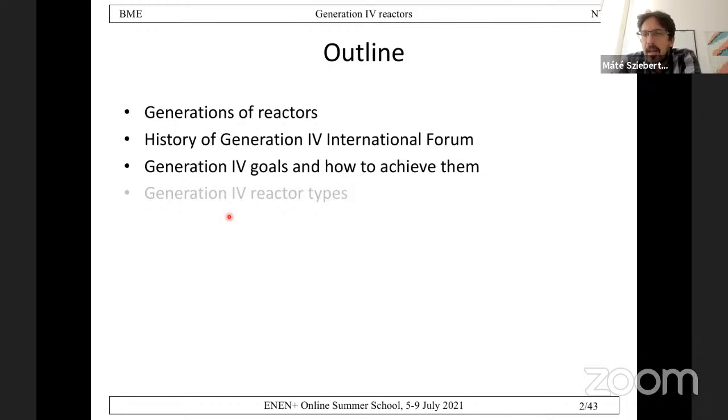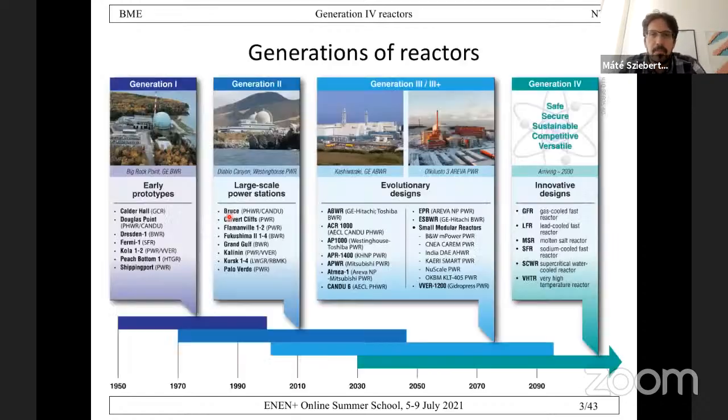Then I have many slides about Generation 4 reactor types, but due to the time limitations, I will not be able to really go through them, only to show you some spotlights, some interesting features. The presentation is shared with you through the drive, so you can go through it yourself. I hope you will find some interesting information in it.